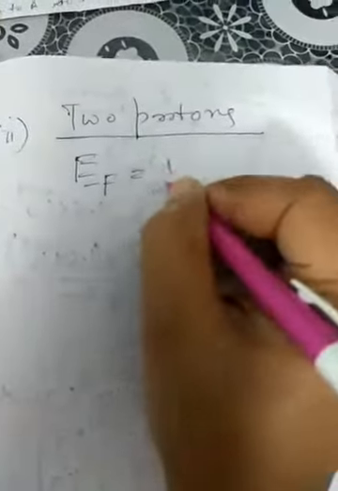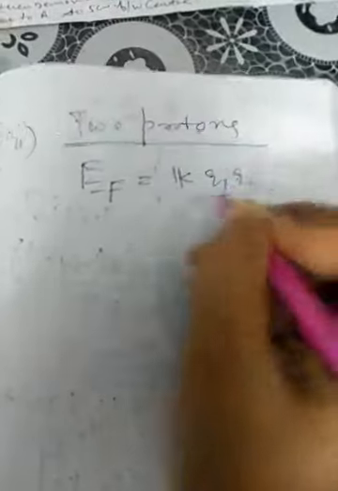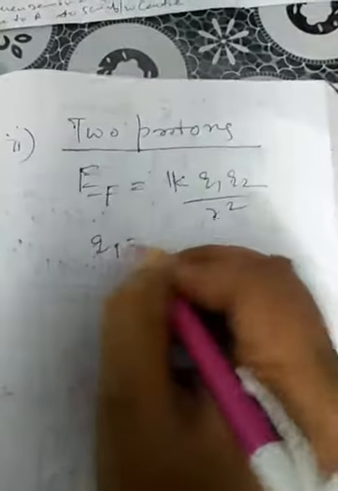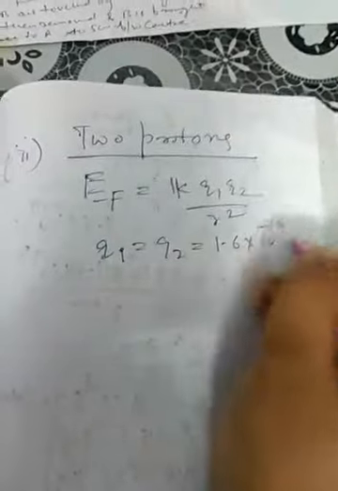Now the second part, where two protons are being taken. When you take two protons, the electrostatic force remains the same, because it depends upon k Q1 Q2 upon r². The charges of the protons, Q1 and Q2, are both equal to 1.6 × 10^-19 coulomb.